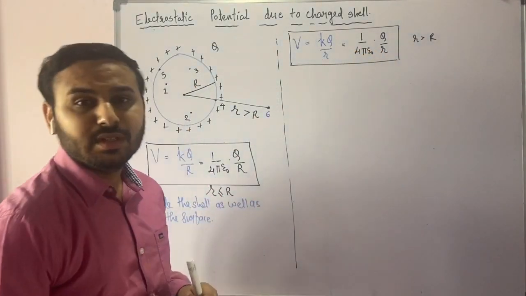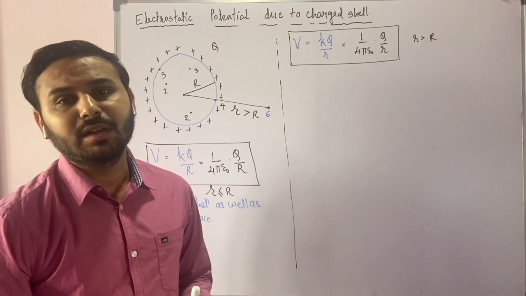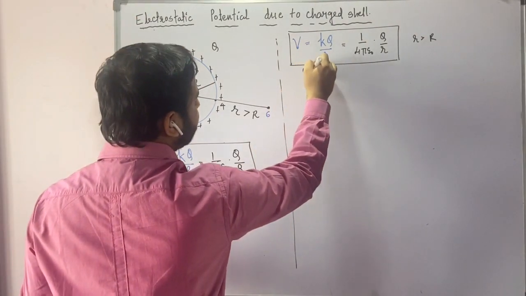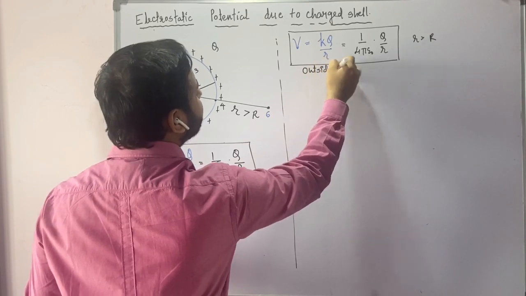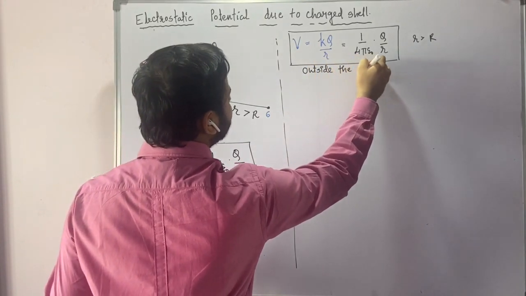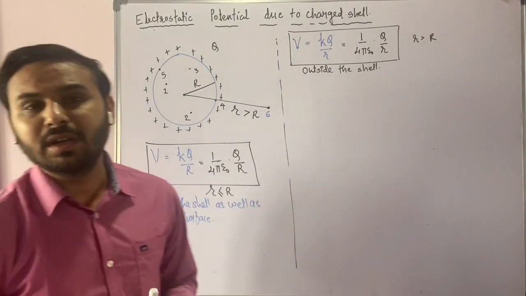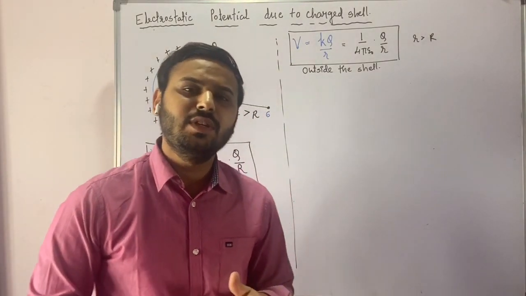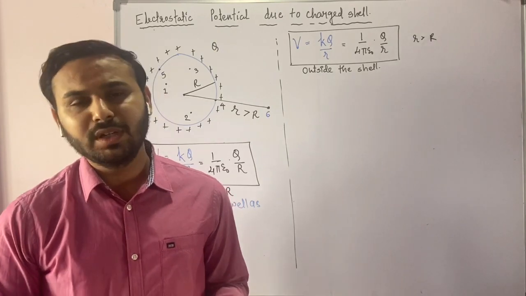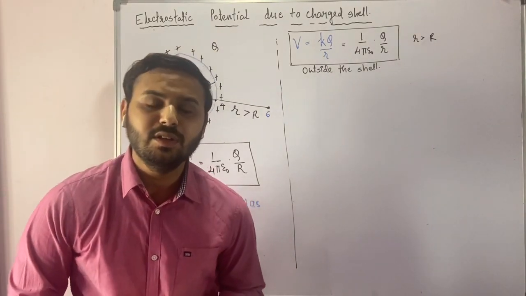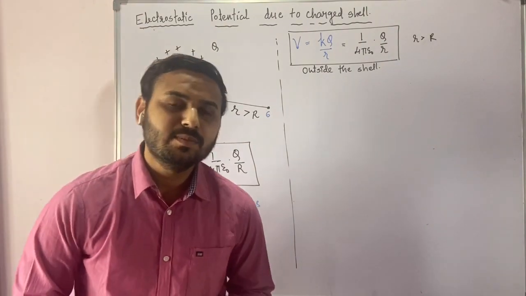This is the electric potential outside the shell. This was inside as well as on the surface. So these things you need to remember. No need of derivation. The description given in your textbook is there. Please read it.